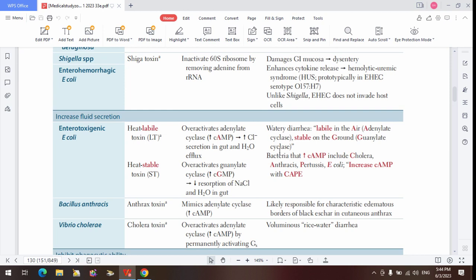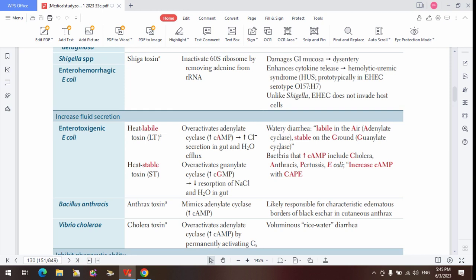They were asked which of the following toxins acts by a similar mechanism to the toxin that caused diarrhea in this patient. Can you imagine this type of question? What they were testing was cyclic AMP. Enterotoxigenic E. coli is the answer. Enterotoxigenic E. coli causes traveler's diarrhea, although it's not the only one.